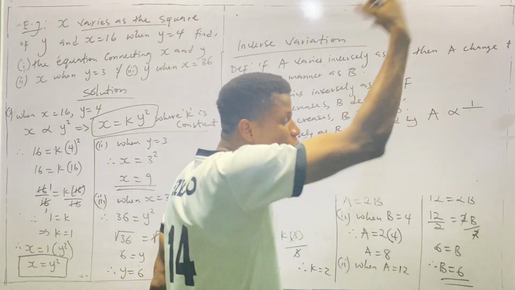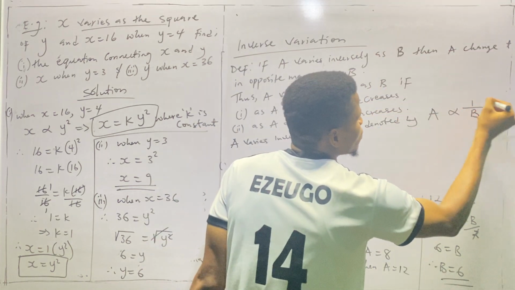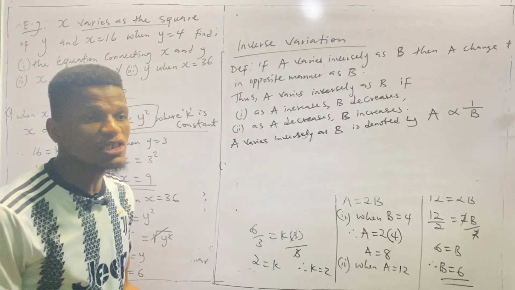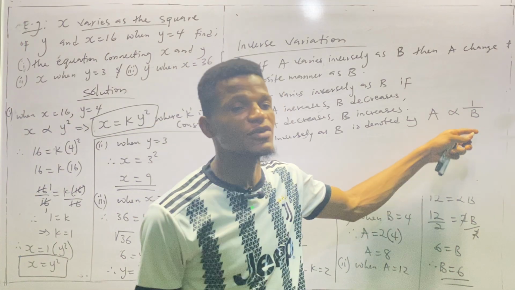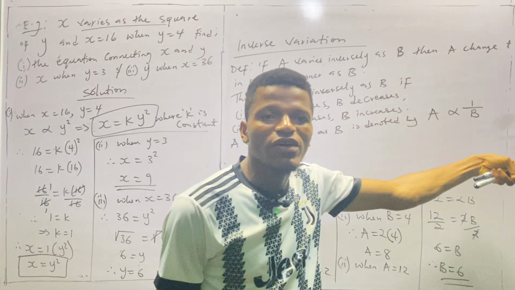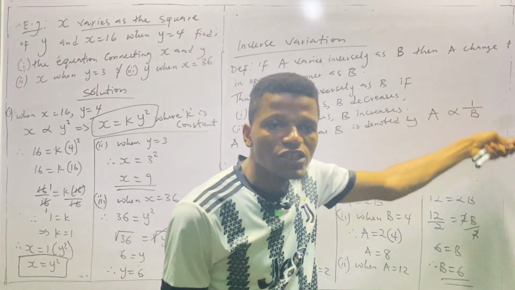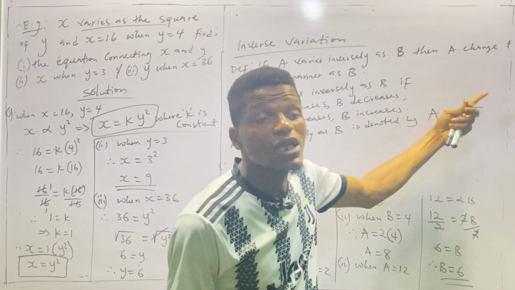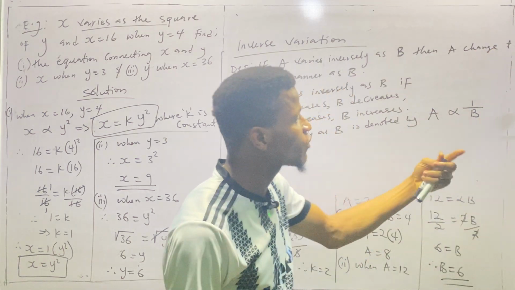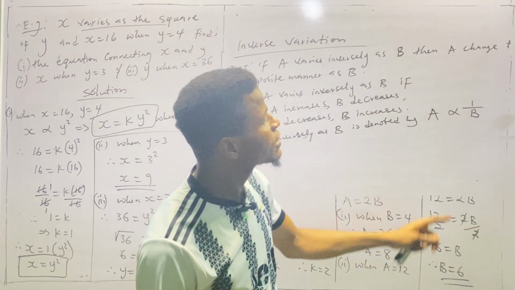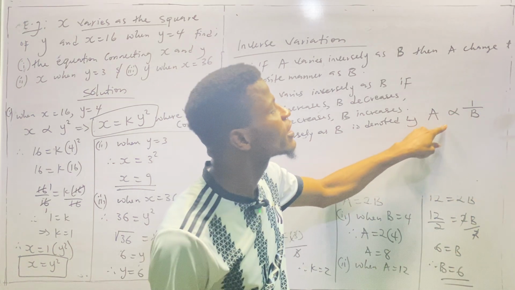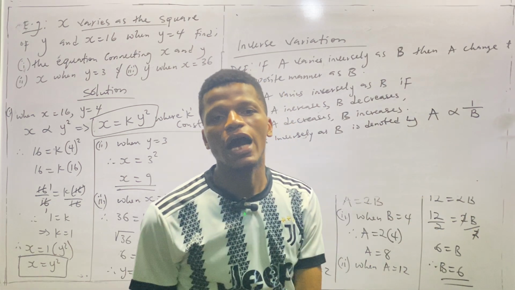And because the constant is introduced as a multiplication, we look for the multiplicative inverse of B. The multiplicative inverse of anything is 1 over that thing. So you can see that A varies directly as the inverse of B, or A varies inversely as B.